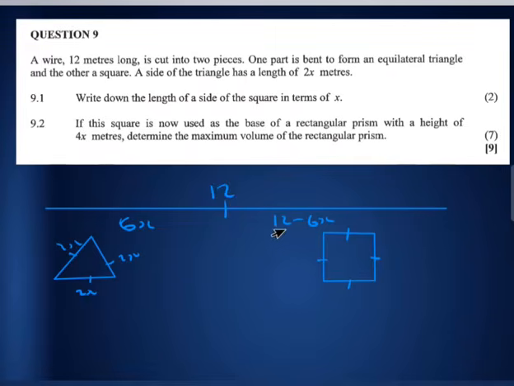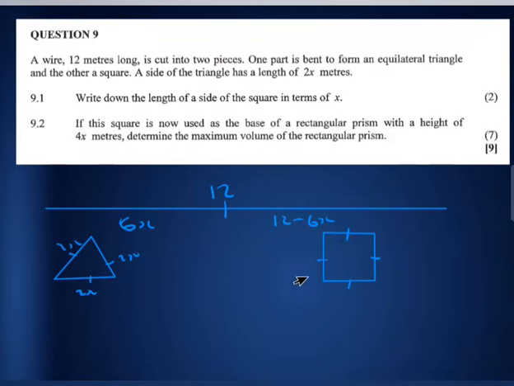If we divide by 2 first, it's going to be 6 minus 3x, and then I'm going to divide by 2 again. This is a square, so we're just going to divide by 4, because remember a square has 4 equal sides and all of them have to add up to this.